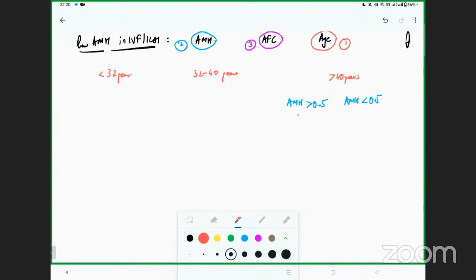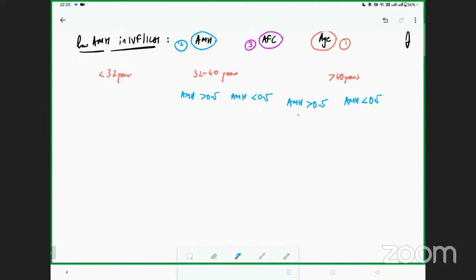So we have divided it into AMH more than 0.5, AMH less than 0.5. Again here AMH less than 0.5 and AMH of more than 0.5. Simple divisions, no confusions.